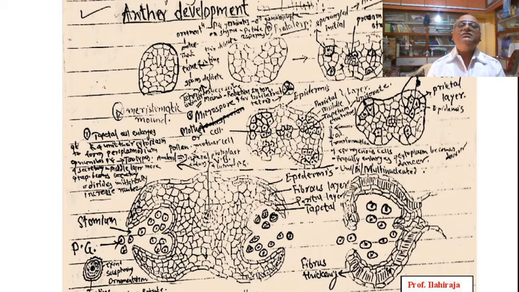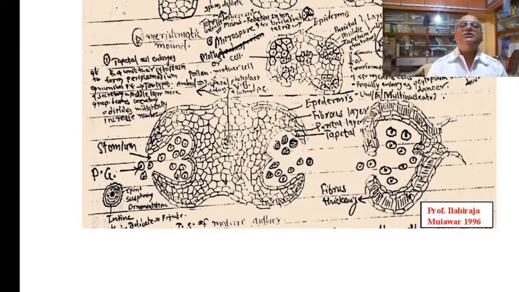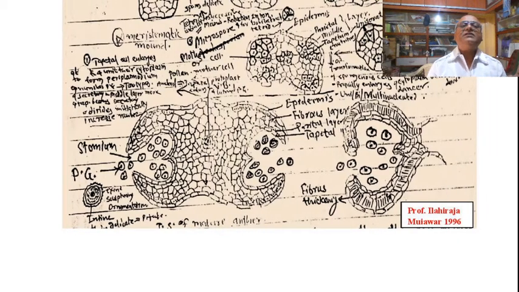After that, this part starts to enlarge and grow, and then the anther development begins to complete. We look here at the stamen structure, which is a mature anther with tiers of structures.